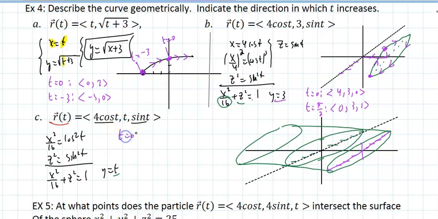At t equals 0, for example, I am at 4, 0, 0. Here I am right now. At pi over 2, 1.57 seconds, I'm going to be at 0, 1.571, 1. I'm right here. In 3.14 seconds, I'm going to be at negative 4, 3.14, 0. There's negative 4.